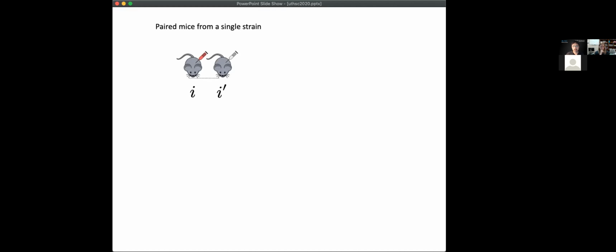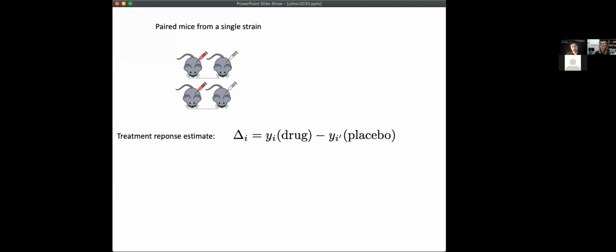Let's say you've got individual I and their pair, individual I prime. And we can come up with an estimate of the treatment response. Let's call it delta I, which is just YI drug minus YI prime placebo. And of course, if you're using inbred strains, you can gain extra precision by using more than one pair, lots of pairs perhaps.